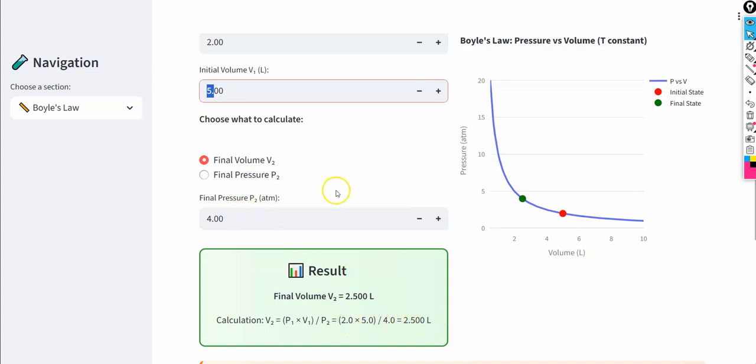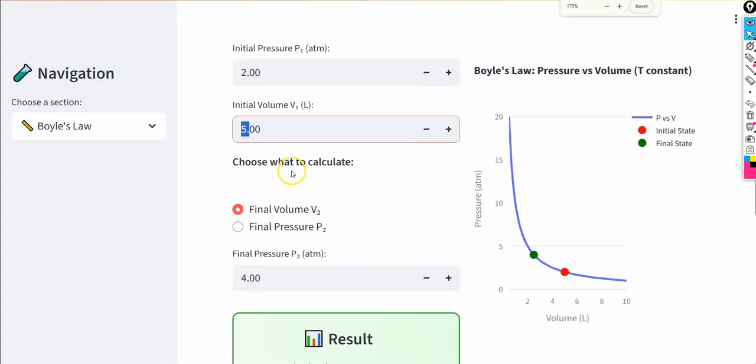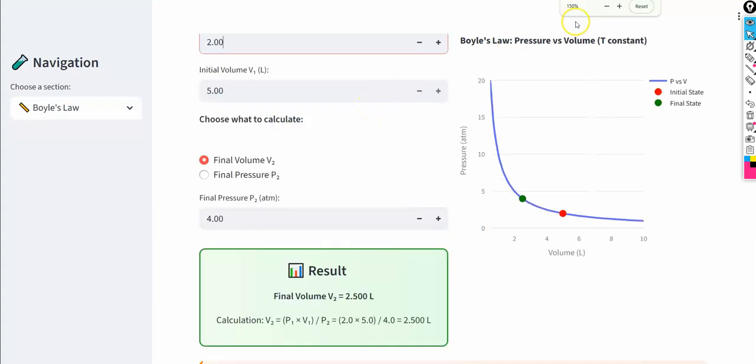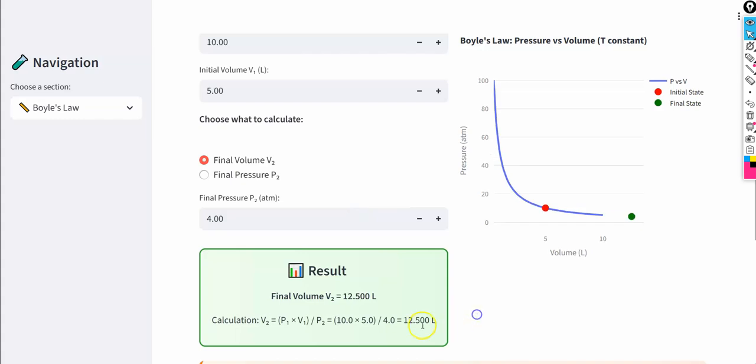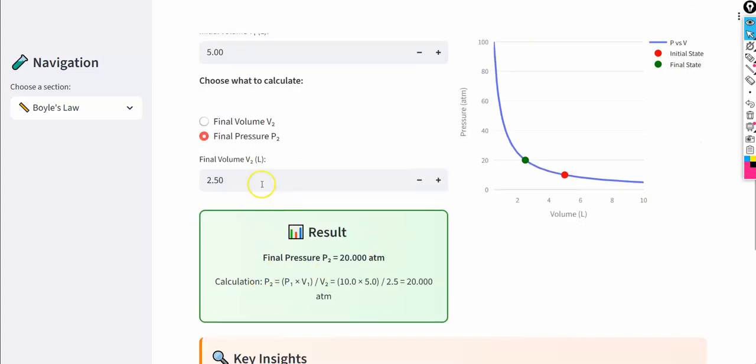Now if you change something here, like to 10, then it will automatically calculate 12.5 liter. If you want to calculate the final pressure, you have to give the final volume, 2.5, and it will calculate the pressure in atm.